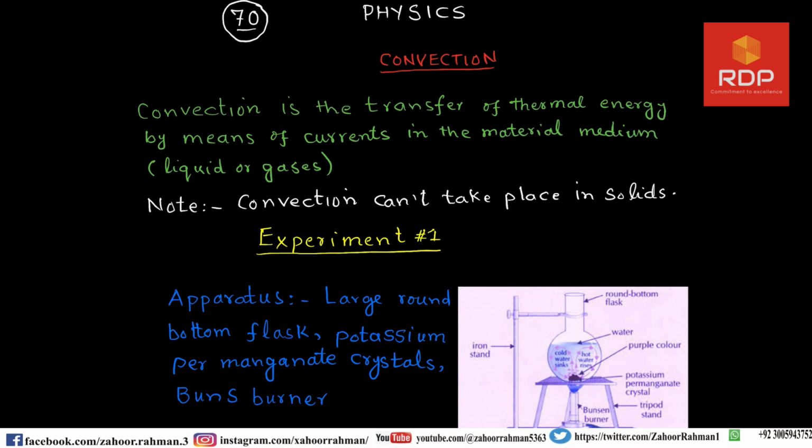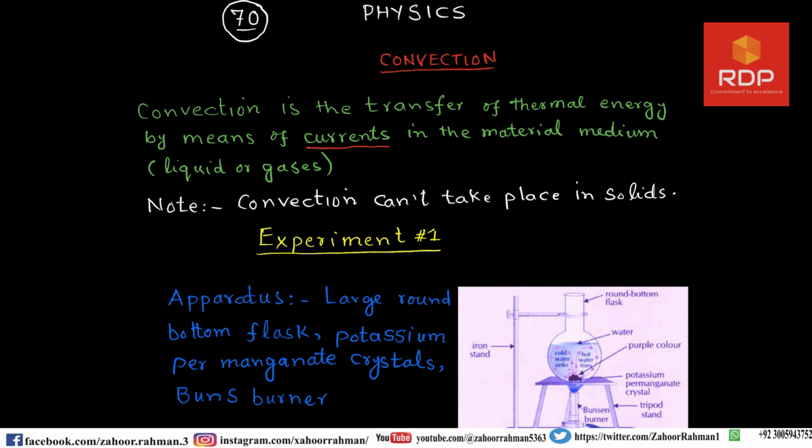I wrote in green, convection is the transfer of thermal energy by means of currents. Now, this is a special word called currents. If we look at it from the perspective of electricity, then current is the flow of electrons.